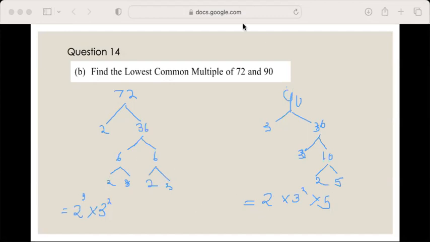So highest of 2 is 2 cubed, and highest of 3 is 3 squared, and highest of 5 is 5. So 2 cubed is 8, and 3 squared is 9. So the answer will be 8 times 9 times 5, which is 360. So you got 360 as the answer, I believe. All right, so congratulations for getting the correct answer.